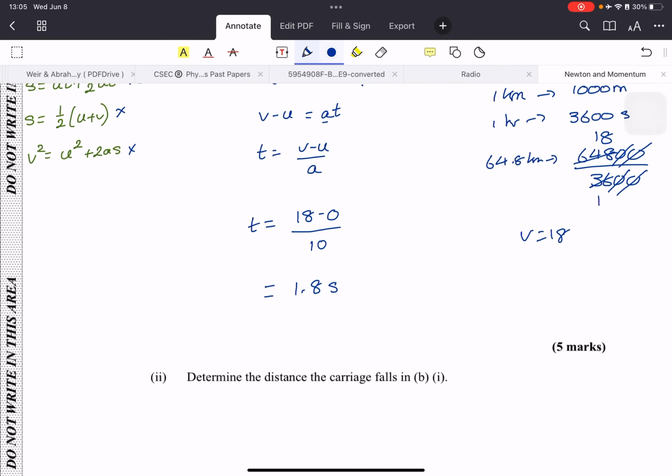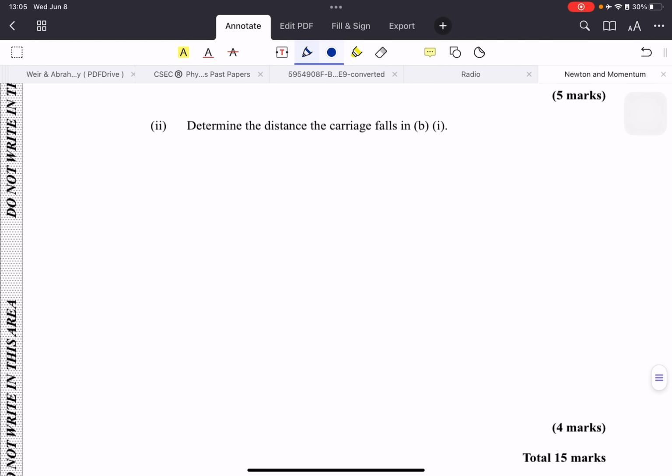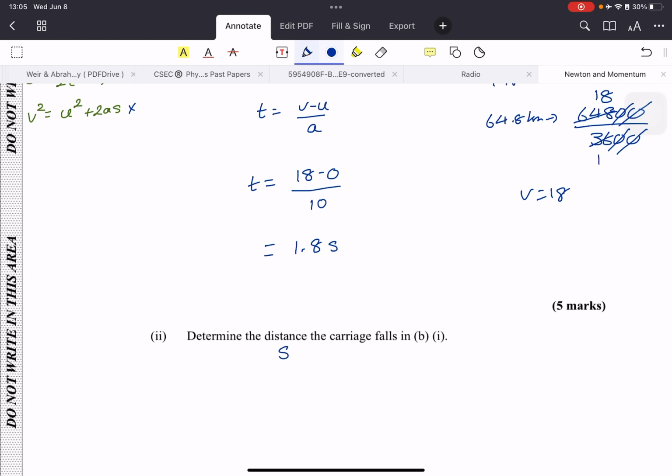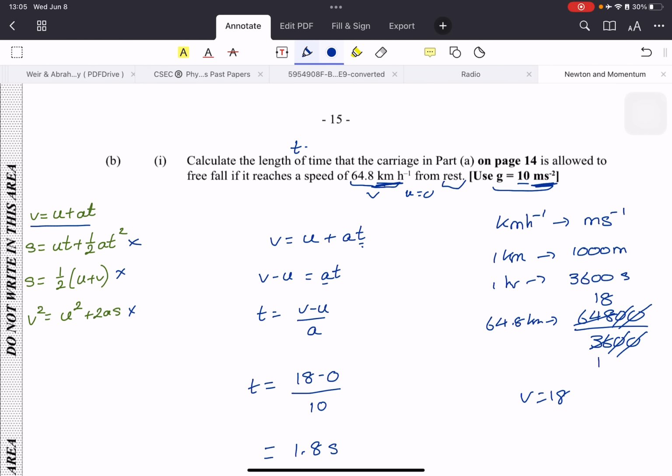Okay. The next question is determine the distance that the carriage falls. All right, so now they're asking for s. So let's go back up to our formula here and see which ones we could possibly use. Now we can't use the first one, there's no s in that one. However, there are s's in second, third, and fourth.